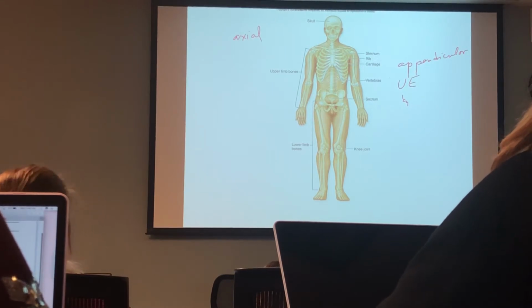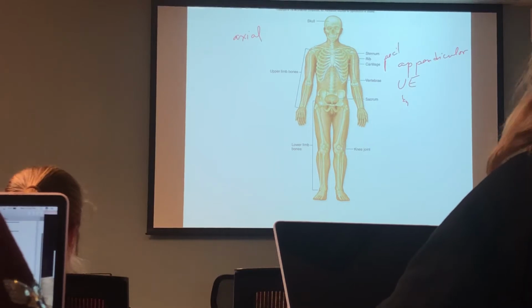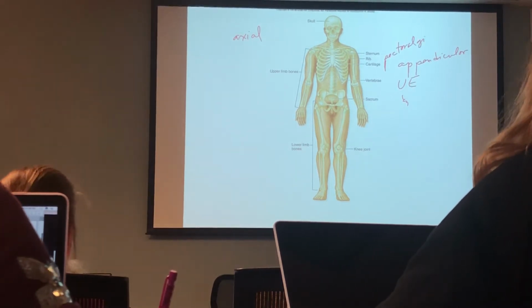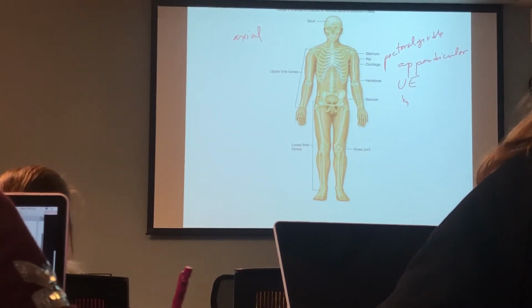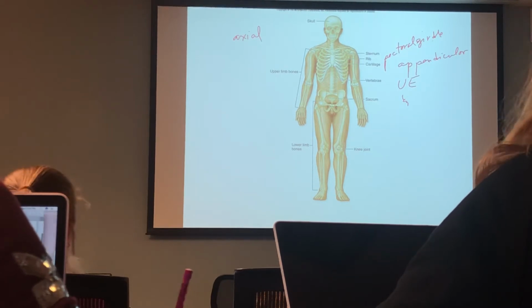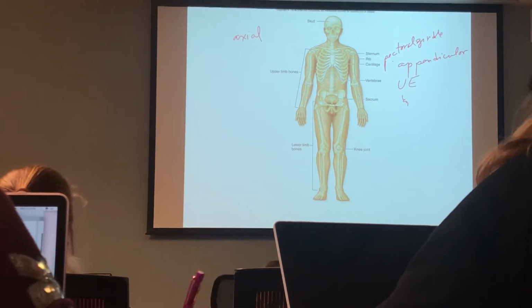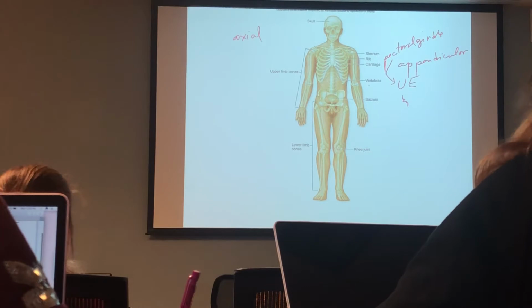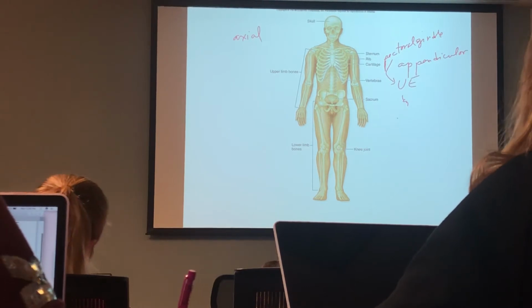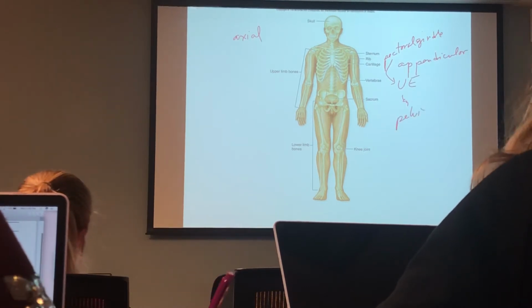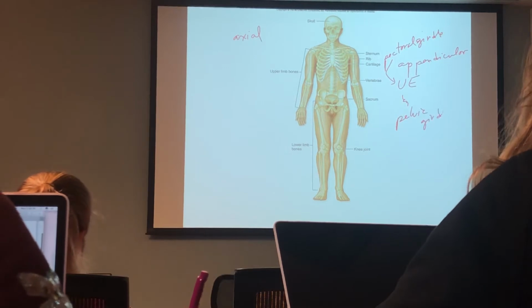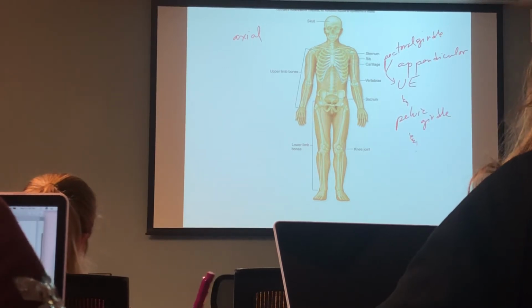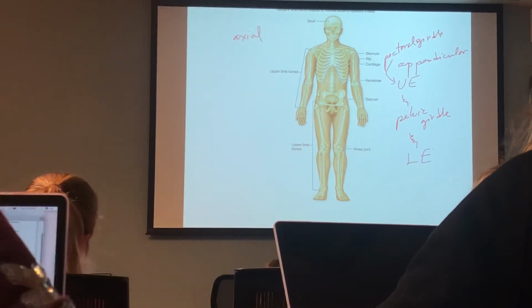In the appendicular, you have what's called your pectoral girdle, and the pectoral girdle goes with your UE, or upper extremities. And then you have the pelvic girdle, and the LE, lower extremities.